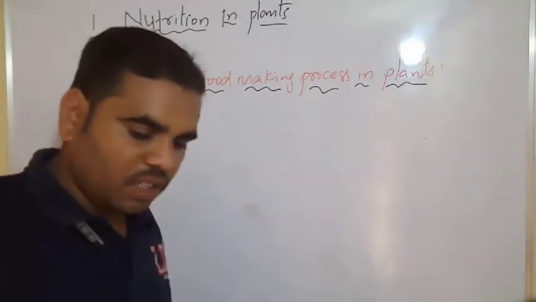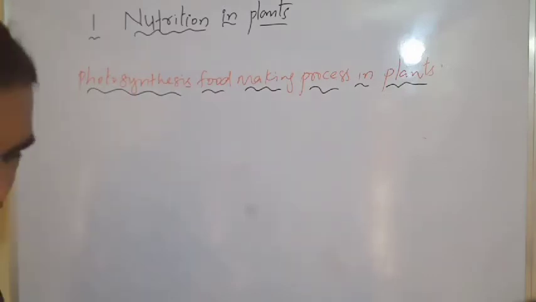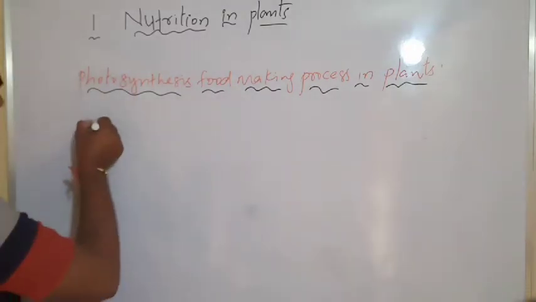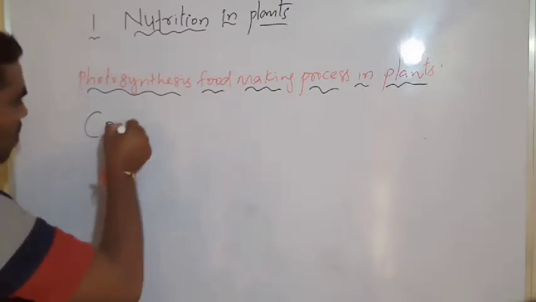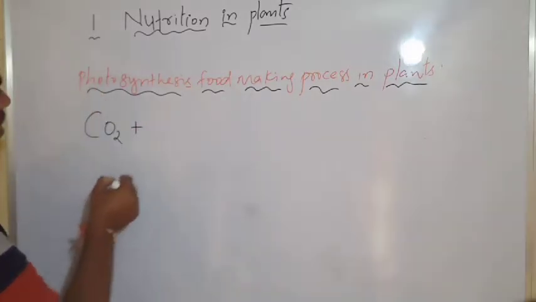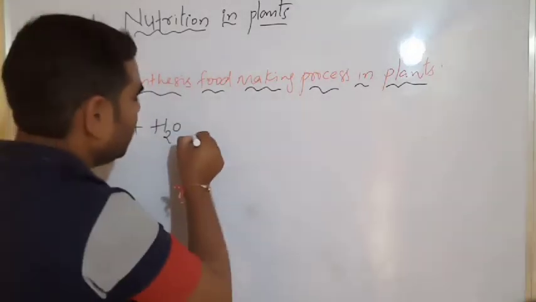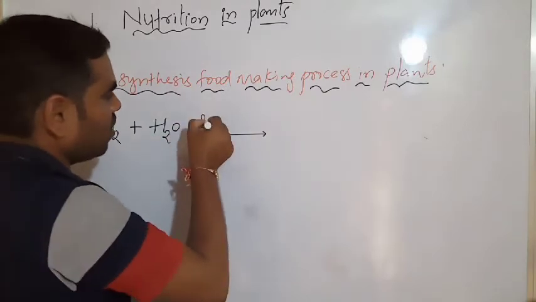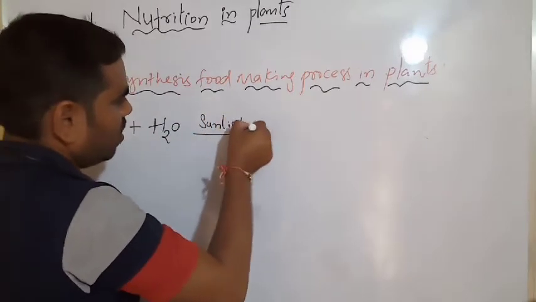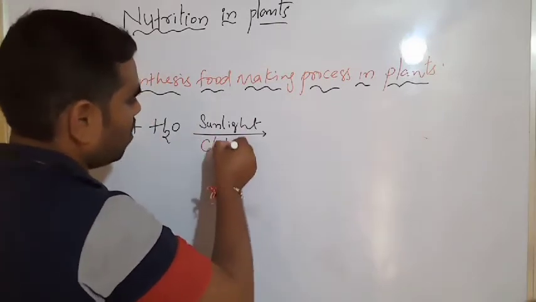Photosynthesis is the process by which green plants make their own food. It requires carbon dioxide from the atmosphere, water through the root, in the presence of sunlight and chlorophyll.